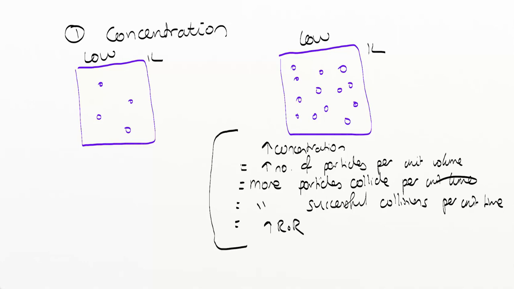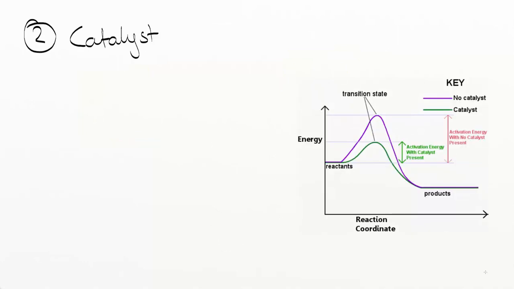Okay, cool. So the second thing that we're looking at here is catalysts. Catalysts are things that speed up the reaction. In your definition of catalyst, you need to have 3 points. 1, the catalyst is a chemical substance that increases the rate of reaction.